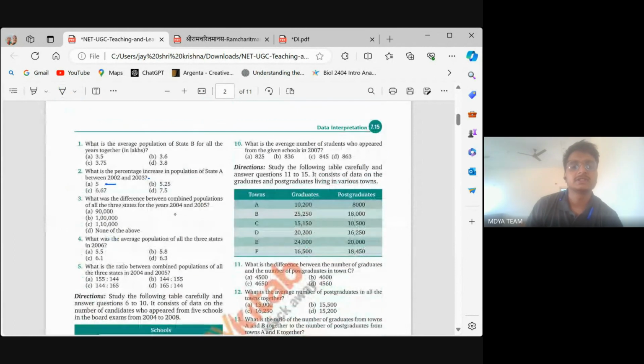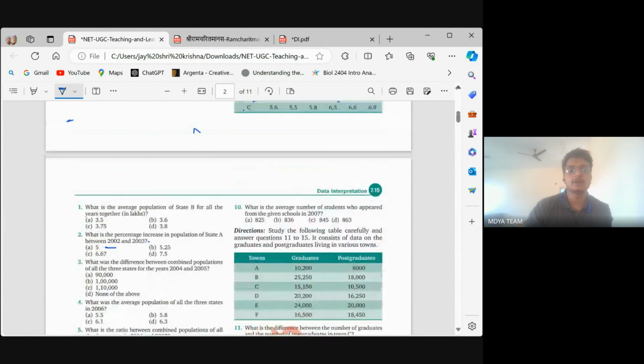Third question: what was the difference between the combined population of all the 3 states from year 2004 to 2005? Read the question again. So here they are just asking for difference.